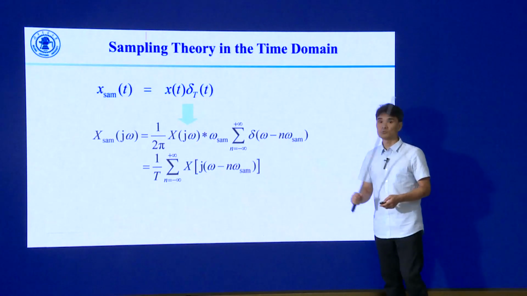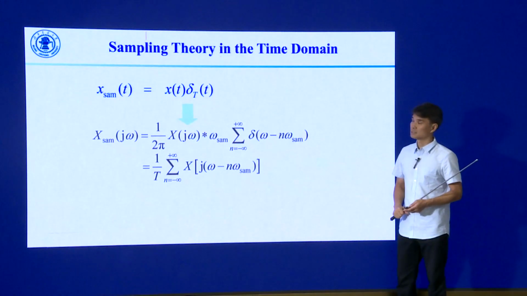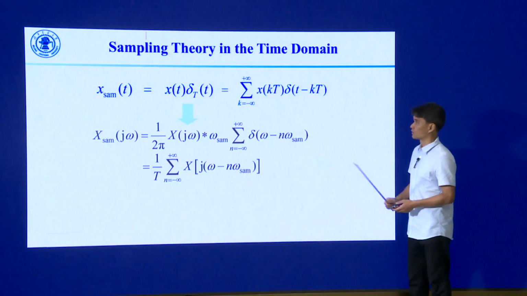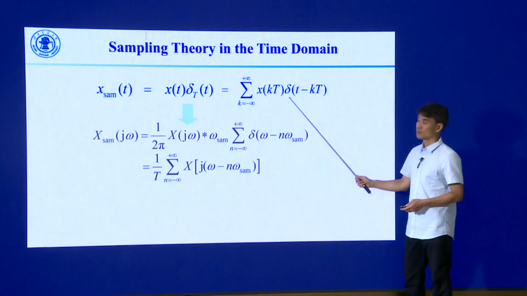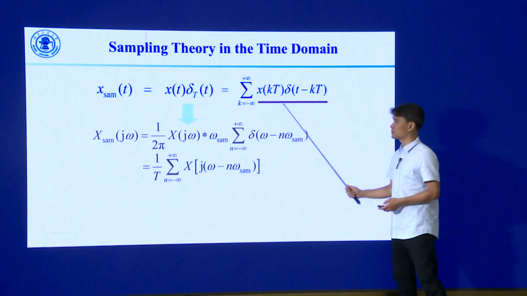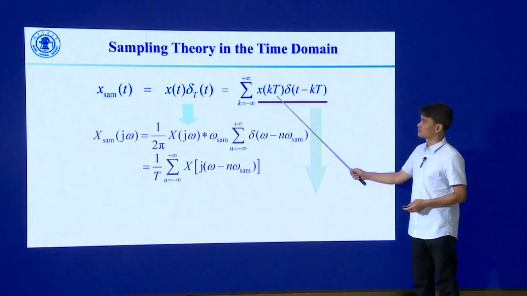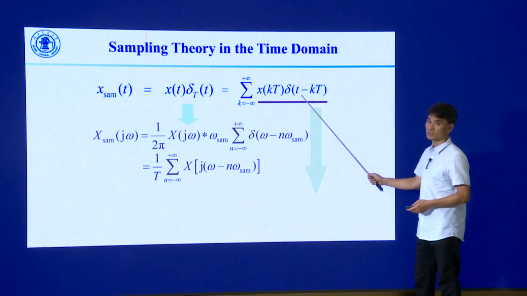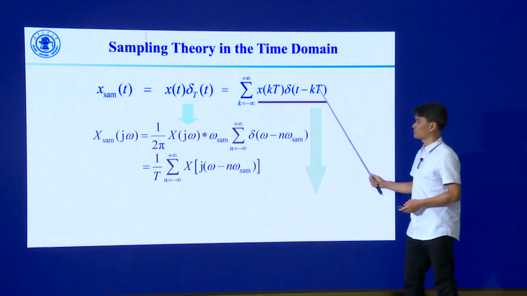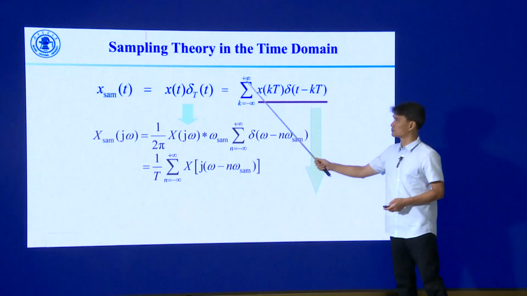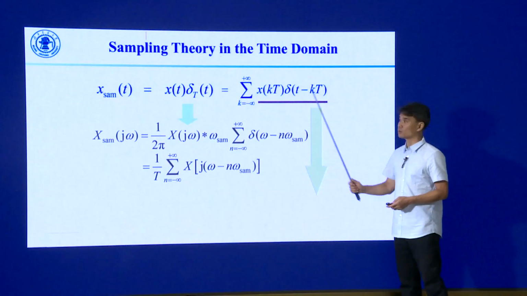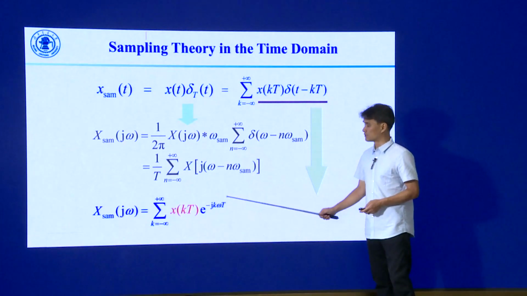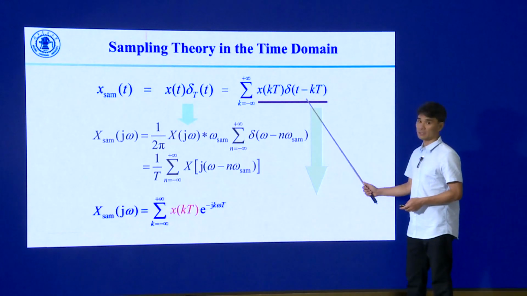But this equation can be represented using a different format. So we can plug in the definition of the impulse train to get this summation. Then what is the Fourier transform for this summation? Because x of kT has nothing related to t here, the Fourier transform for the summation is equal to the linear weighted combination of the Fourier transform for the impulse train.